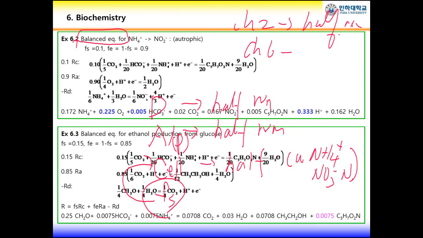And for chapter 6, you have 3 or 4 problem sets to make this balanced equation for different situations. I think you can do it easily, just following these steps. You find the donor, you find the acceptor and the final product of the acceptor after accepting electrons, and the cell half reactions.